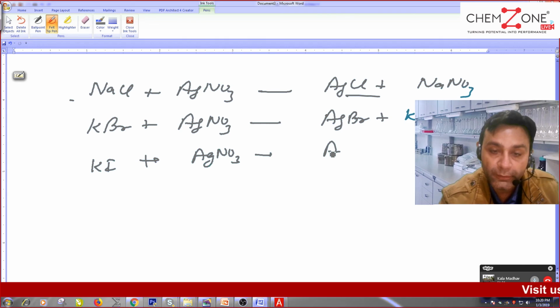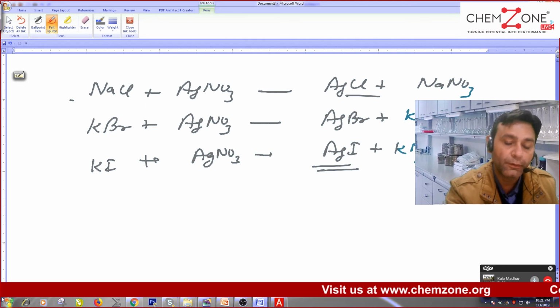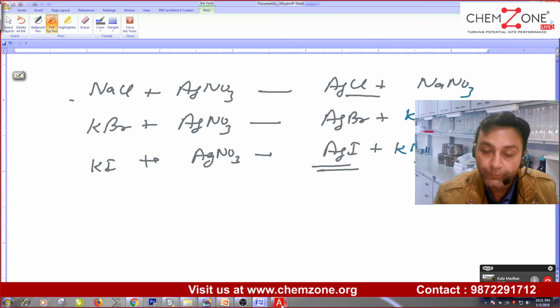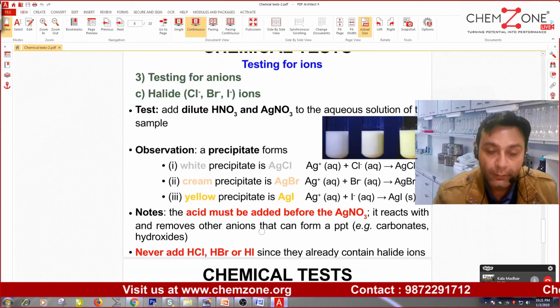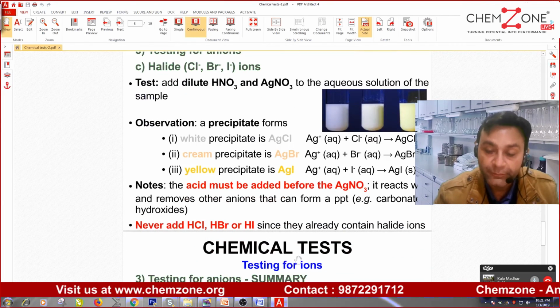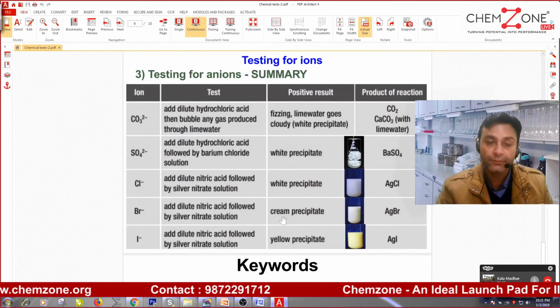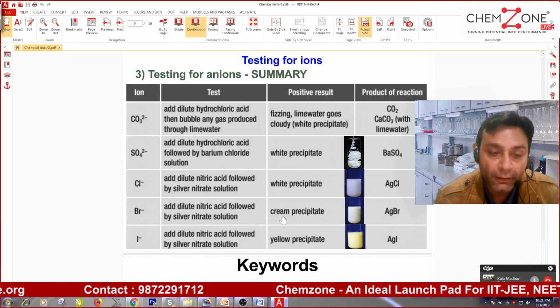It will form AgI plus KNO3, giving you a yellow color PPT. These things have to be remembered. So we can make a summary here for carbonate ion, sulfate, chloride, bromide.